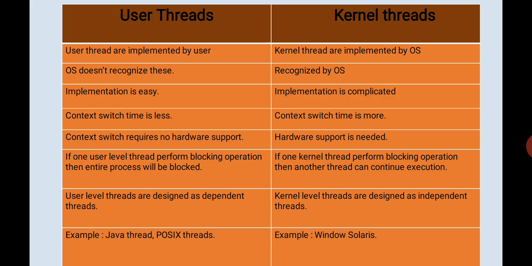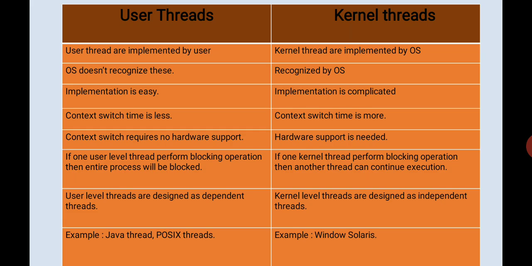The implementation of user threads is very easy. Why? Because it is done by the programmer, whereas the implementation of kernel threads is very complicated and it is handled by the operating system. The context switch time is very less in user threads, whereas in kernel threads the context switch time is very large. Context switch does not require any hardware support in user threads, whereas in kernel threads it needs hardware support.